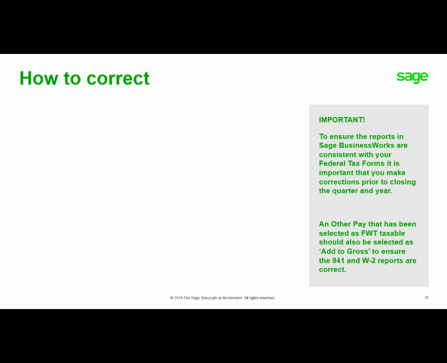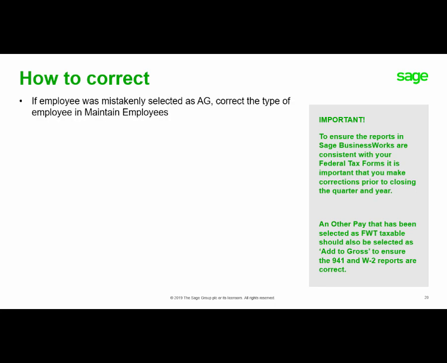Let's recap how you can make your corrections. If the employee was mistakenly selected as an agricultural employee, correct the type of employee in Maintain Employees.